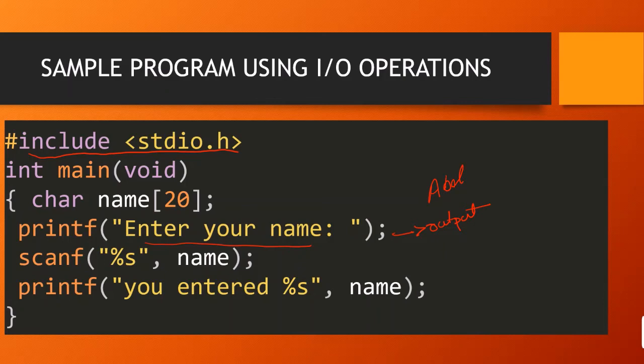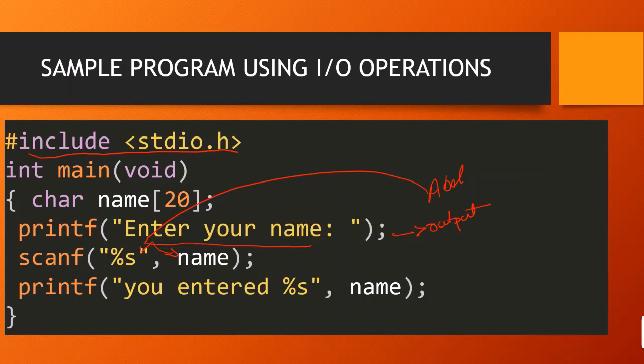So this Abel is read with %s, the string format, and it will be stored in the address name. Then we write printf again, "you entered %s", with name.